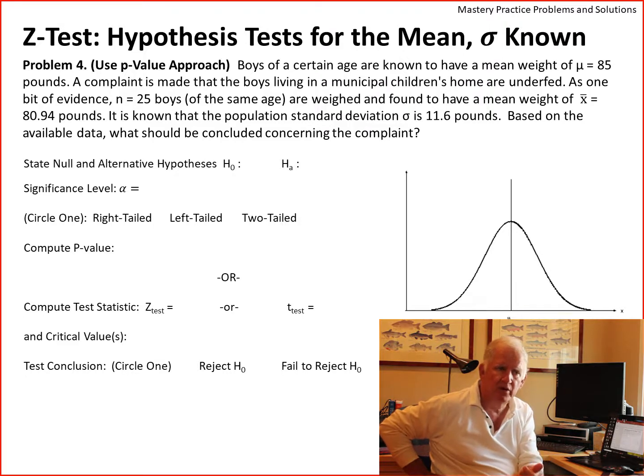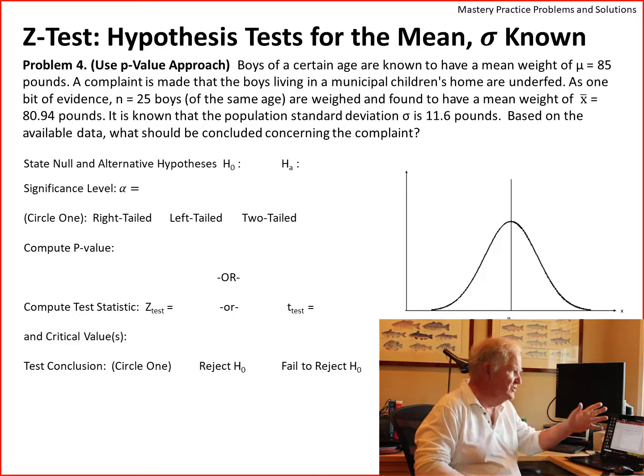We have said beforehand, if we're 5% or less, that 80.94 is an unusual, statistically significant number. We should pay attention to it. We will even reject the null when we see it. That occurs when the p-value is less than alpha. Otherwise, if the p-value is greater than alpha, not unusual. Any difference, 80.94 versus 85, is sampling error.